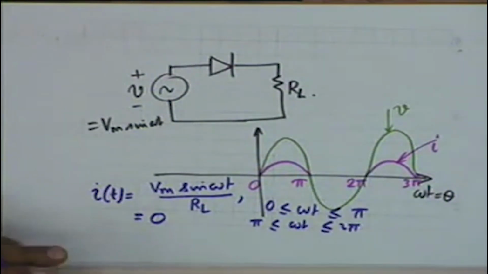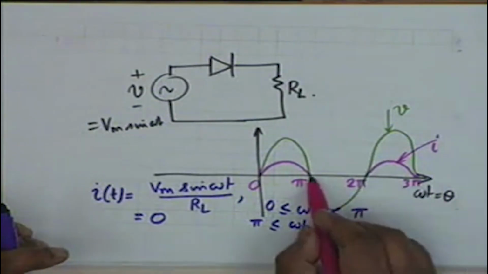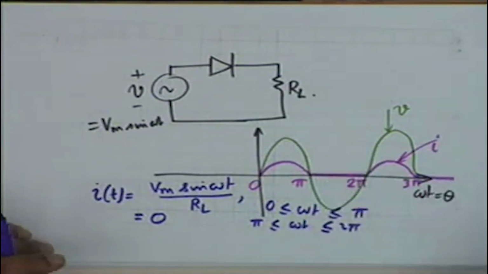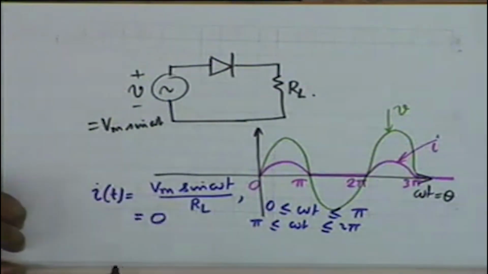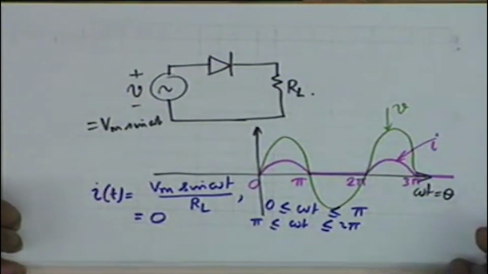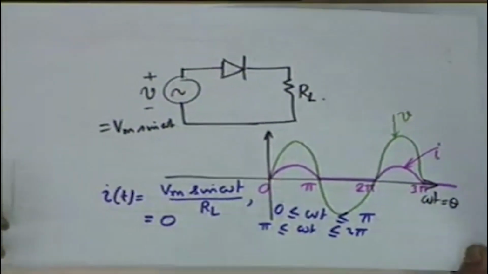One cycle is good enough to find out average and other values. This is the current waveform. Okay, if this is the current waveform, then obviously its DC value or the average value can be found out very simply.